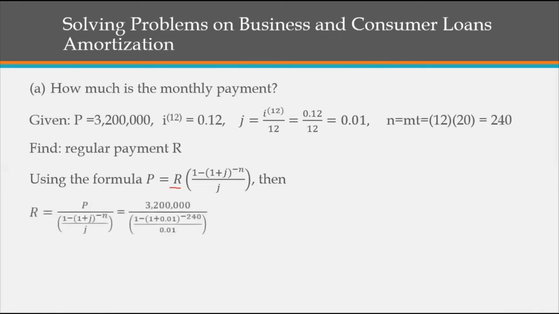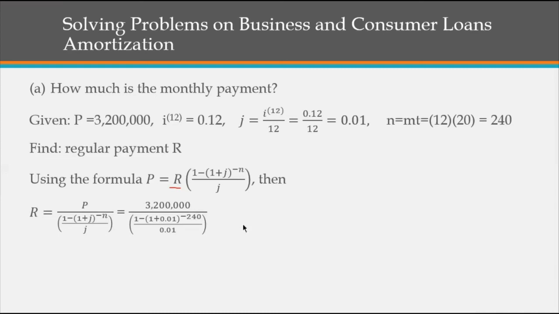So, R equals P all over quantity of 1 minus 1 plus J raised to negative N all over J. Then, lagay natin yung mga given natin: 3,200,000 divided by 1 minus 1 plus 0.01 raised to negative 240 all over 0.01. Pwede mo na siya i-direct sa computation.